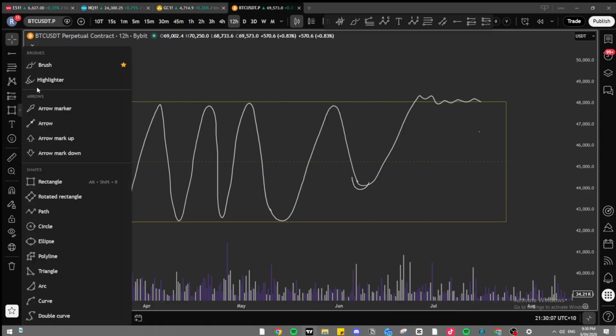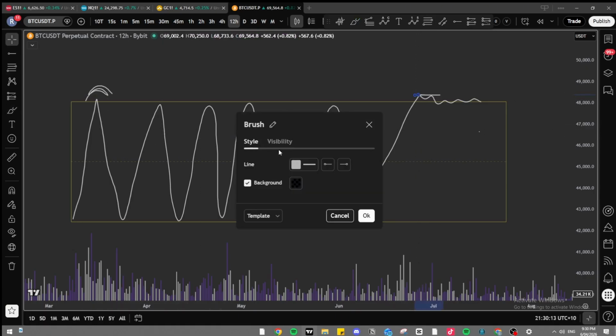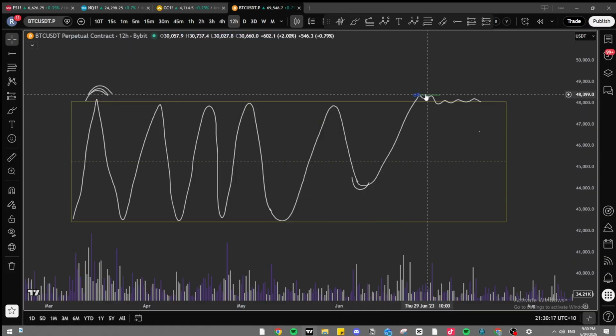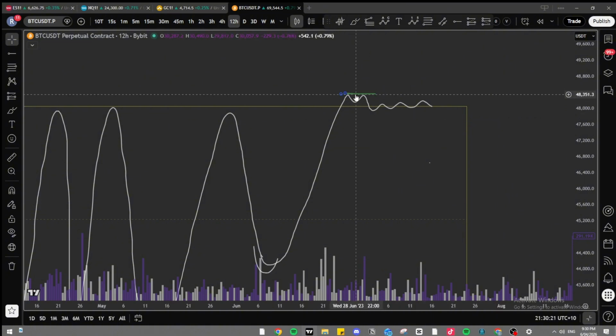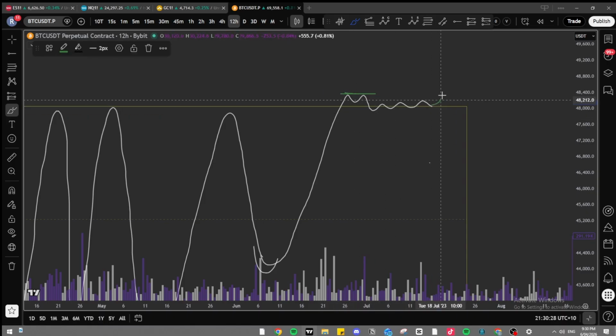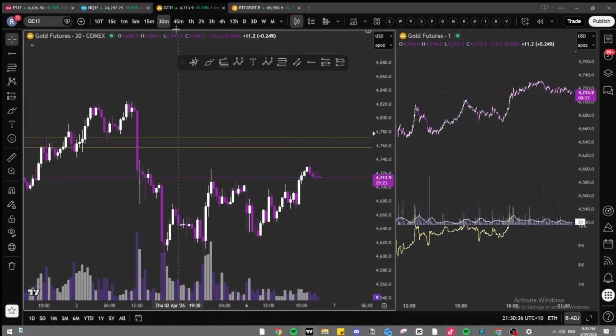We want to see the high of this range, outside the range high, the external range high, get taken, right? Generally speaking, if it's a fake out, this high will either get taken and quickly rejected, or it won't get taken at all. So we basically want to see this high get taken to confirm that we do have a proper breakout, right?